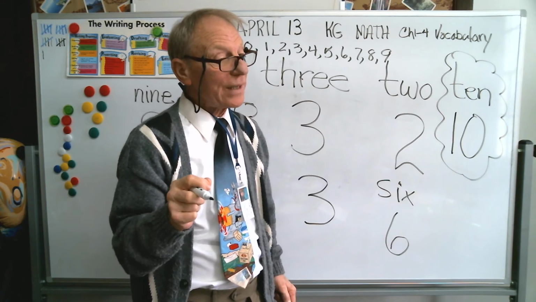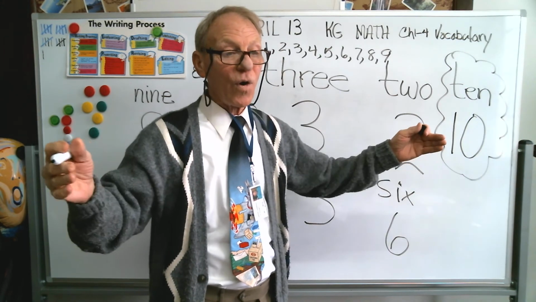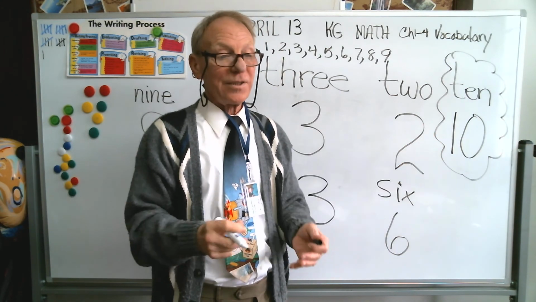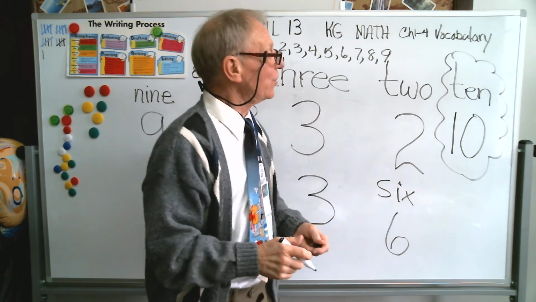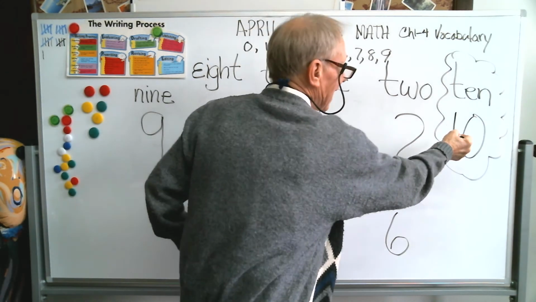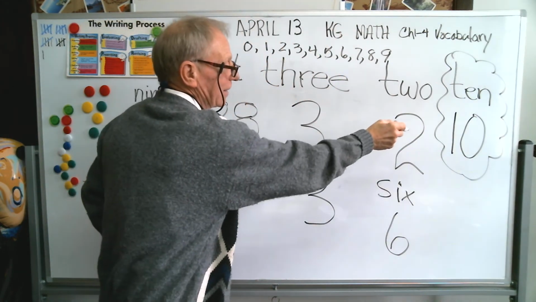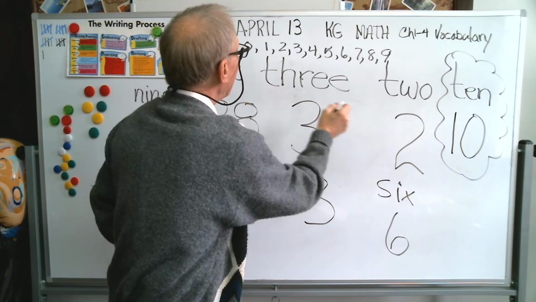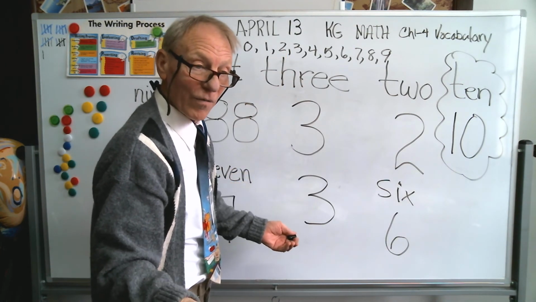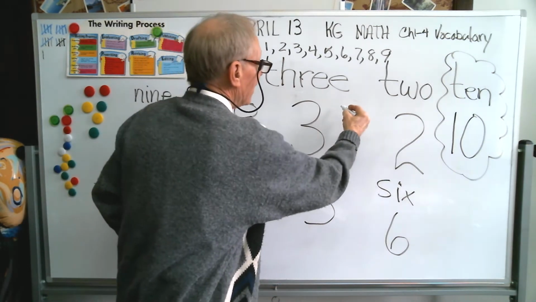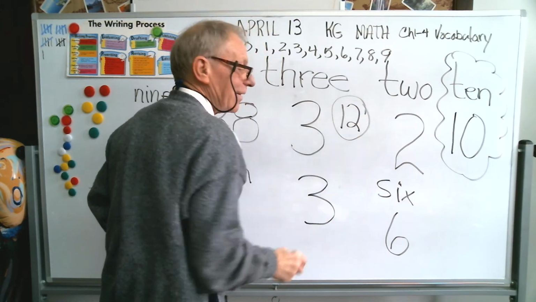But as soon as you hit 10, now your numbers can grow and grow and grow. Because 10 can be 11 and 12 and 13. And what you're doing is you're taking 10 and then adding 1 to it. That's 11. 10 adding 2 to it. 10 and 2 is 12. And you all know that when you write the number 12, it looks like that.